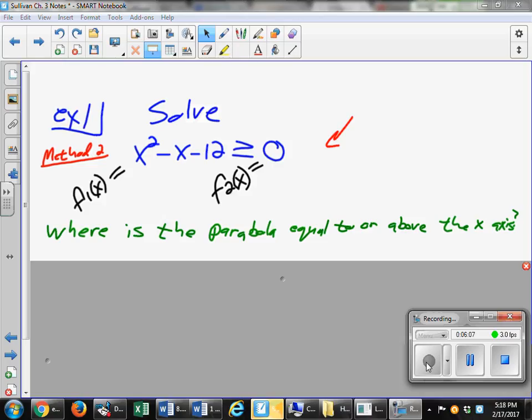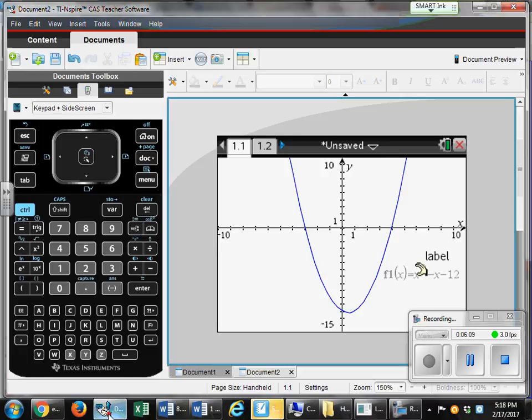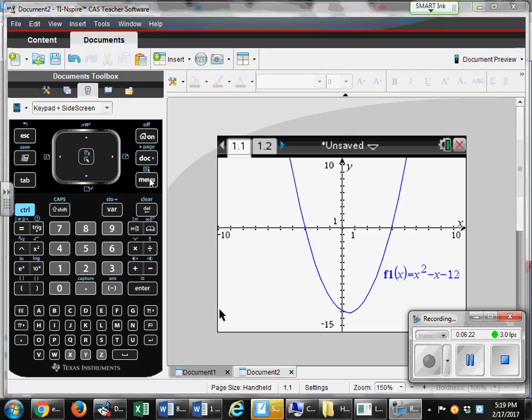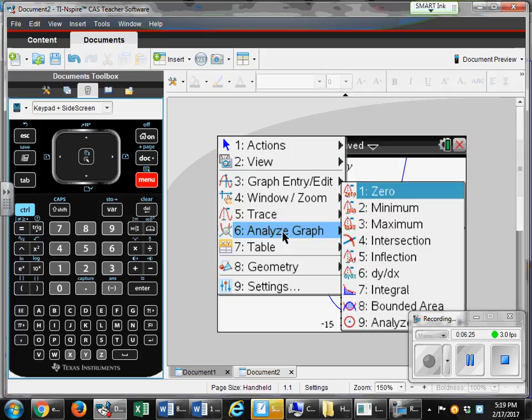So I went over to the graphing calculator and I graphed that baby, and we can go through and figure out where the parabola is above the x-axis. I wanted to show you something in addition to the trace button, which is your favorite. So you can go to Menu, Analyze Graph, and we're looking for the zeros of the function.